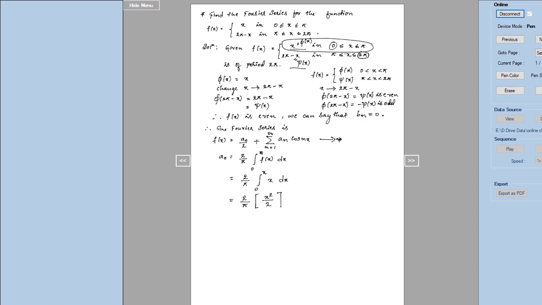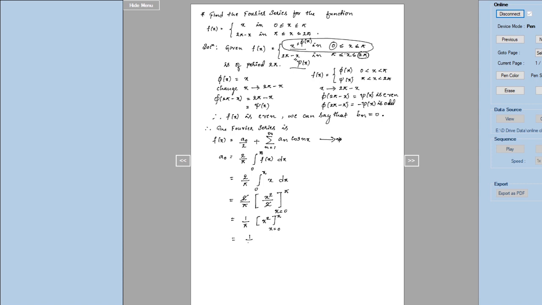The integration of x is x square by 2, and the limits are 0 to pi. As we have a constant 2 outside and 2 inside, the 2 by 2 get cancelled. So you are left with 1 by pi times x square, limit x equal to 0 to pi.